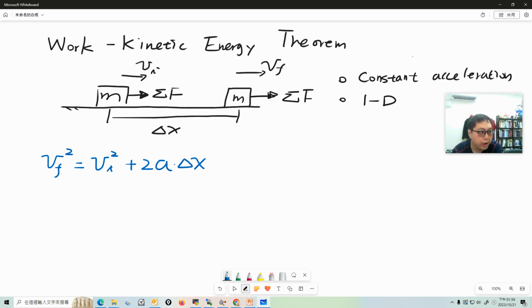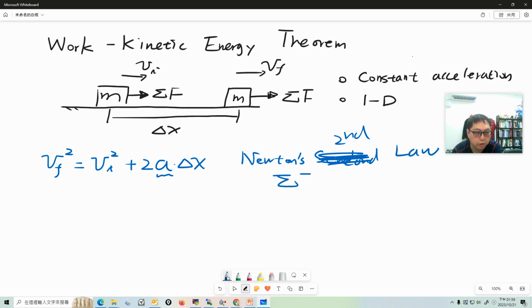We replace the acceleration using Newton's second law, which says your net force equals mass times acceleration. Let's assume it's one dimension, so let's get rid of the vector and make life easier.